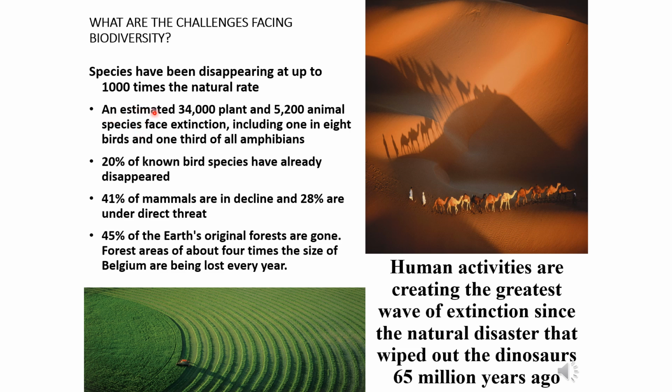For example, 34,000 plant species and 52,000 animal species are facing extinction, and 20% of the known bird species have already disappeared, and 41% of the mammals are in decline, and 28% are under direct threat, and 48% of Earth's original forest is destroyed. So high levels of human activities are creating the greatest wave of extinctions since the natural disaster that wiped out dinosaurs 65 million years ago. So this is a very serious concern.